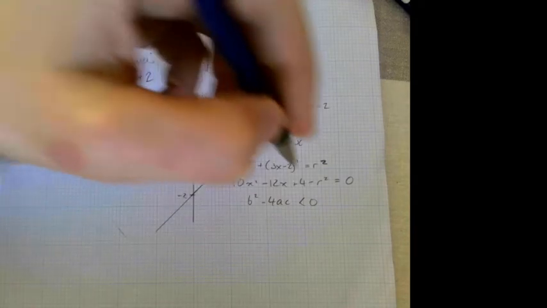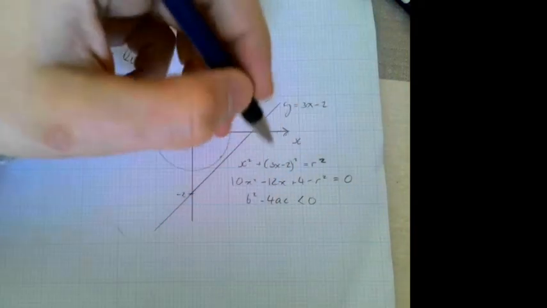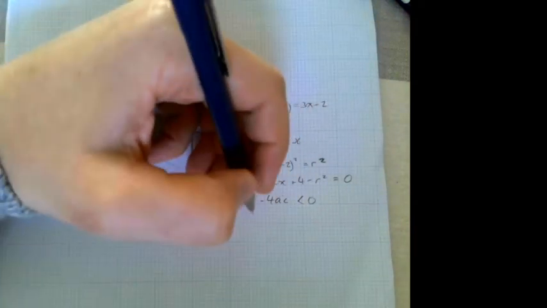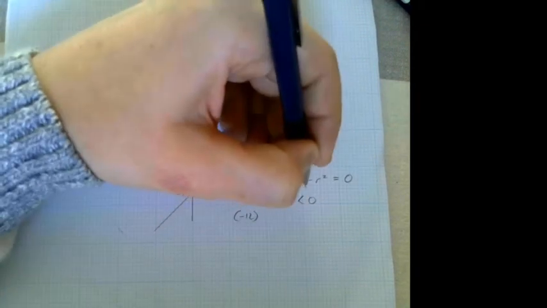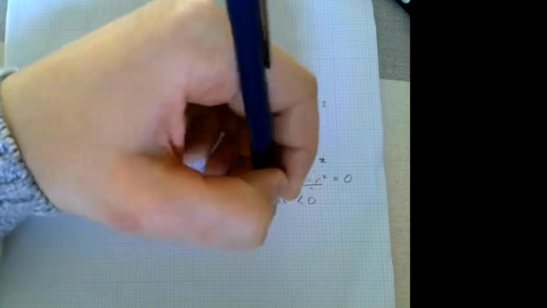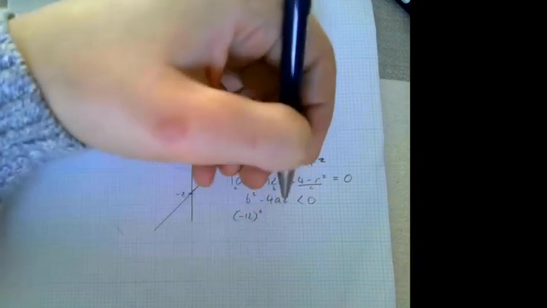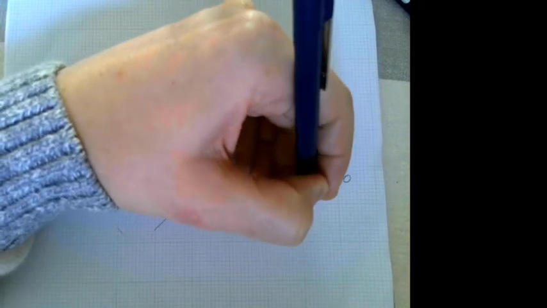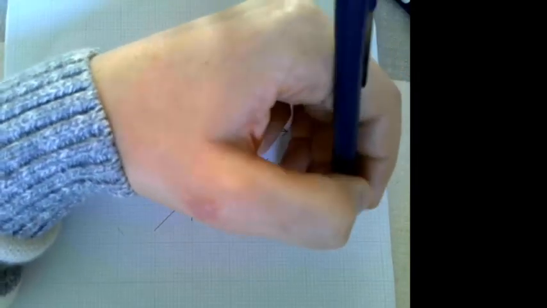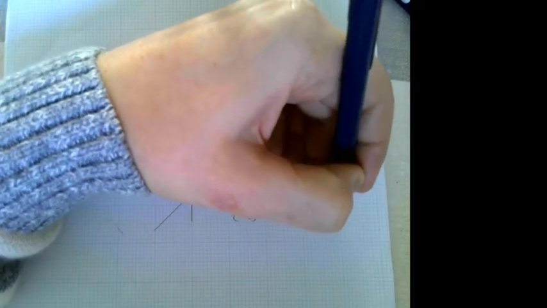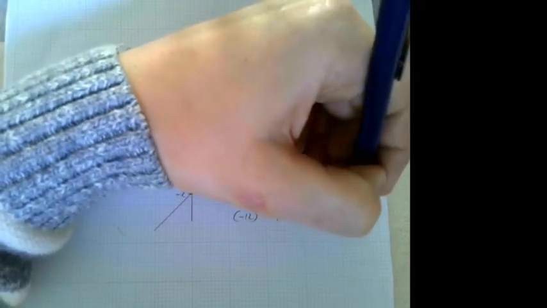And if we work our way through substituting our values in, our b squared is going to be negative 12 squared, and then we're subtracting 4 times 10, our coefficient of x squared, times 4 minus r squared as our constant. And we know that that's less than 0.